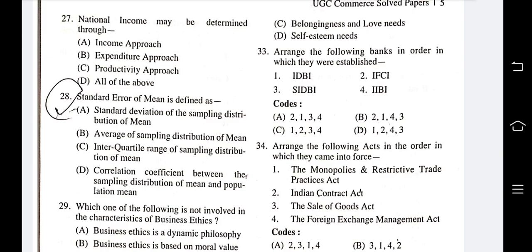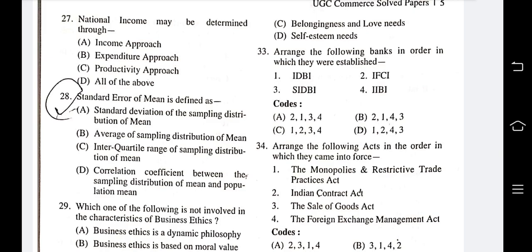So the option should be A. First is IFCI, then IDBI, then ICICI, then IIBI.